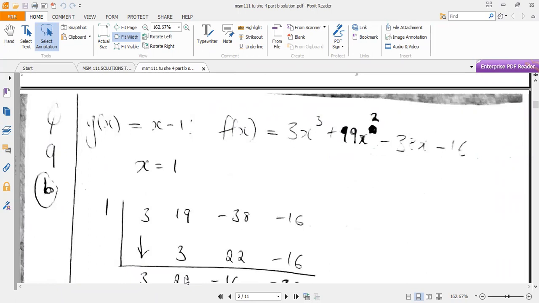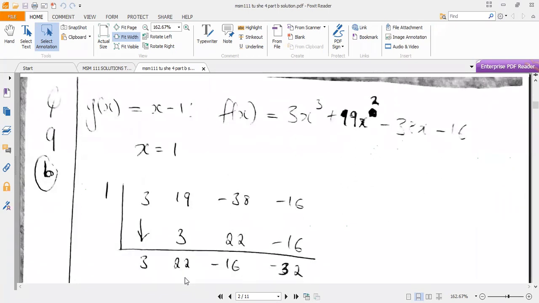Okay, we got to question 9. For question 9, they're saying to use synthetic division to show that g of x is a factor of f of x and complete the factorization. So how do we do that?